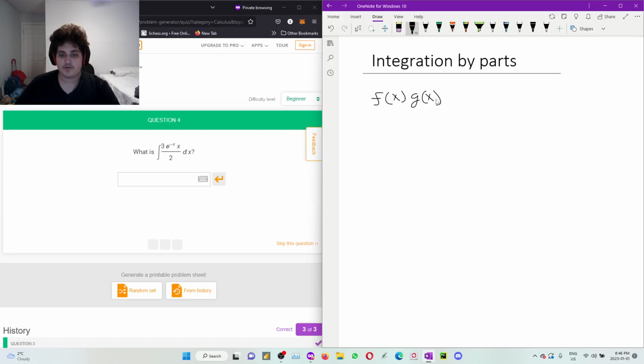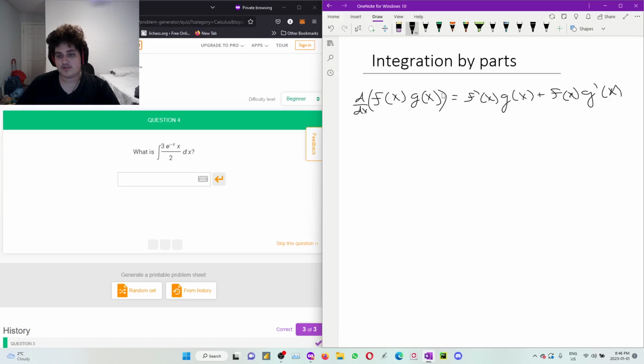The derivative of two functions multiplied by each other will be equal to the derivative of the first one times the second plus the first one times the derivative of the second.